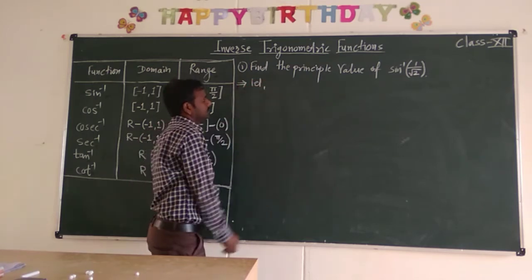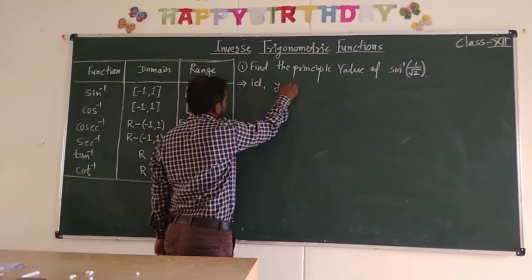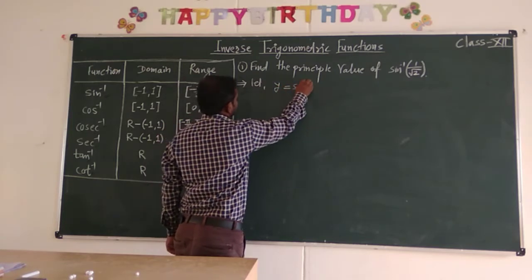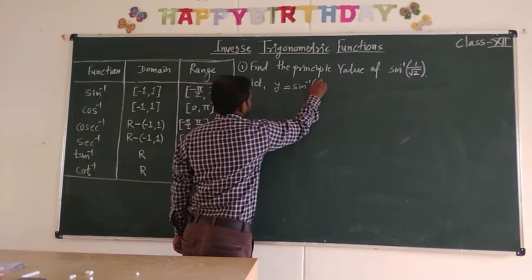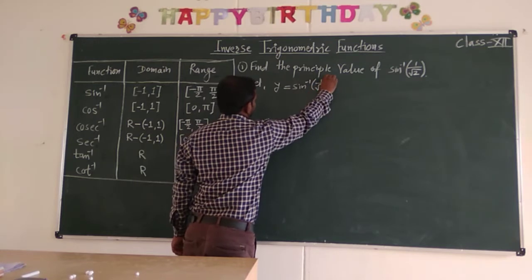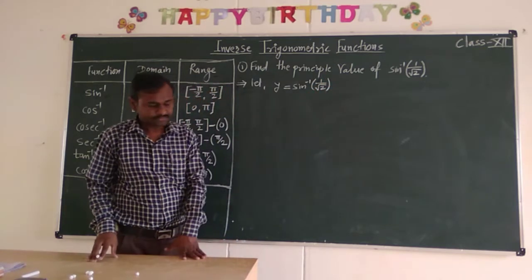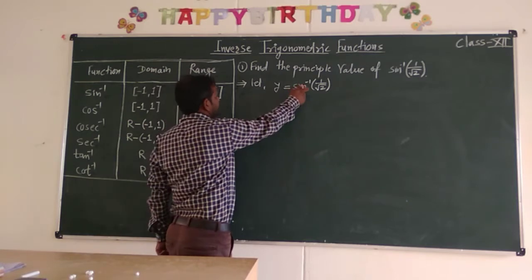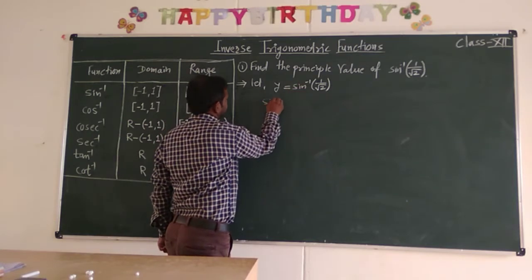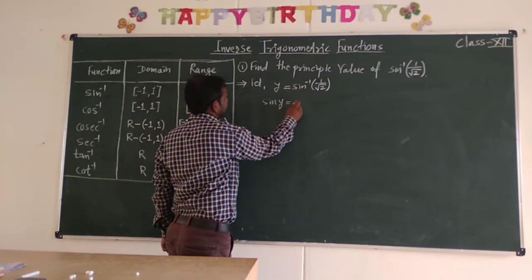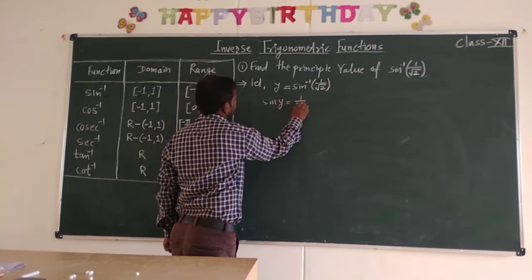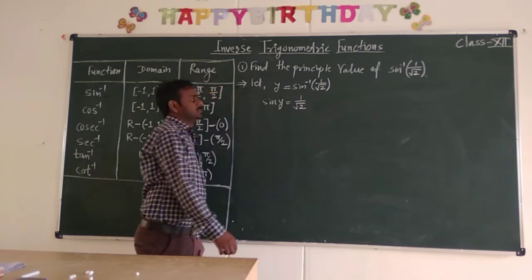Let y equal sin inverse 1 by root 2. Now we shift sin inverse to the other side. Therefore, we get sin y equal to 1 upon under root of 2.